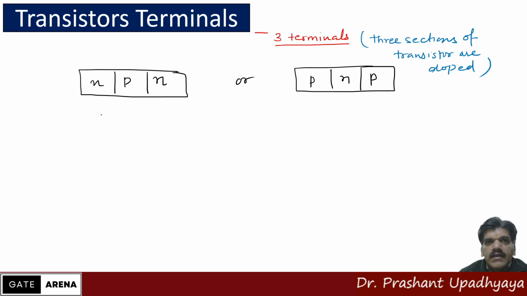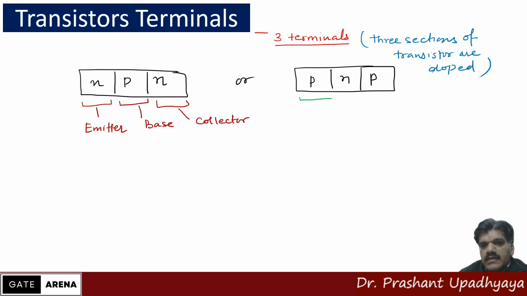Generally, we say this one is the emitter, this one is the base, and this one is the collector. Similarly, for the PNP transistor, this is the emitter, this is the base, and the third one is the collector.